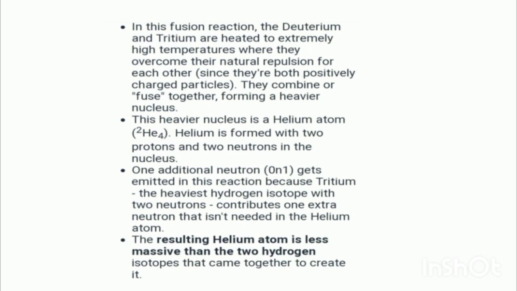The resulting helium atom is less massive than the 2 hydrogen isotopes that came together to create it. Hence, the correct option is 2, nuclear fusion.